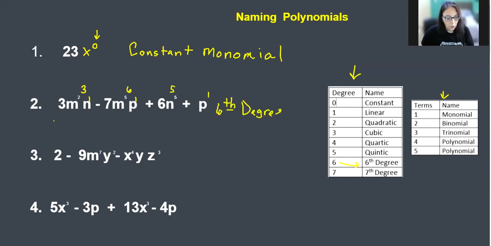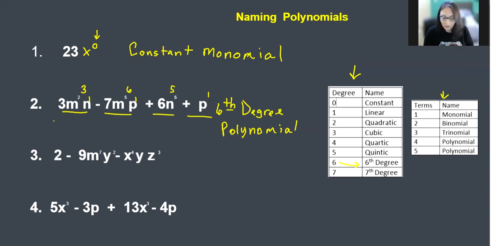And then we've got 1, 2, 3, 4 terms. So if it has more than 3 terms, we just call it a polynomial. So it's a 6th degree polynomial. Are we doing okay?